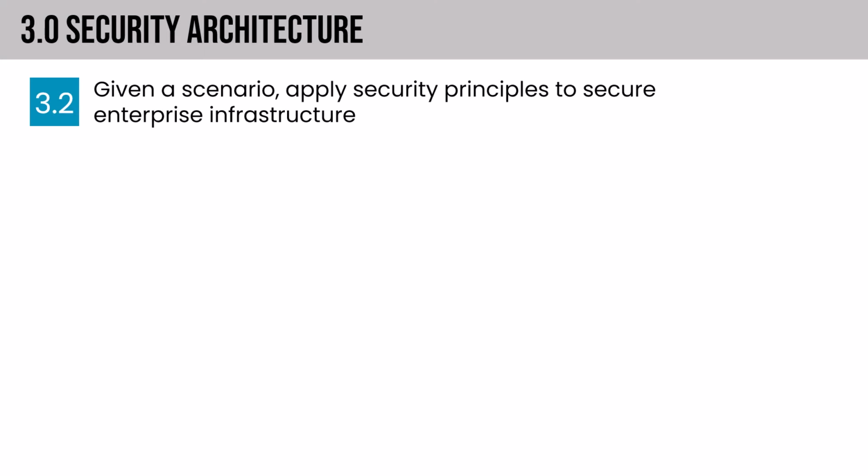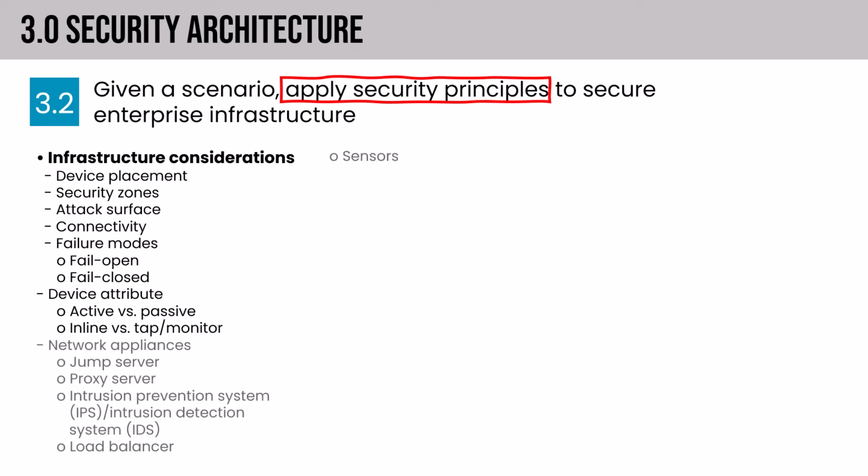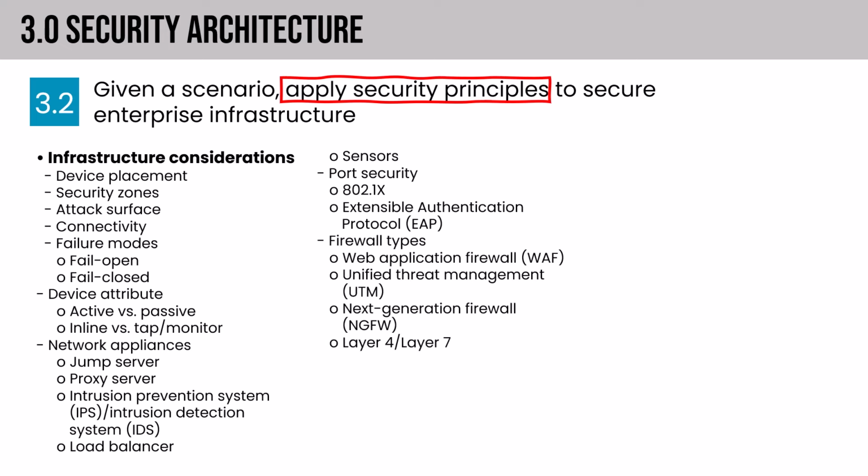And moving on to section 3.2, where we'll focus on security principles and enterprise infrastructure. More specifically, the syllabus asks us, given a scenario, to apply security principles to secure enterprise infrastructure. We'll explore infrastructure considerations, including devices, device connectivity, and device placement. We'll review network appliances. We'll explore port security, as well as an array of firewall types.